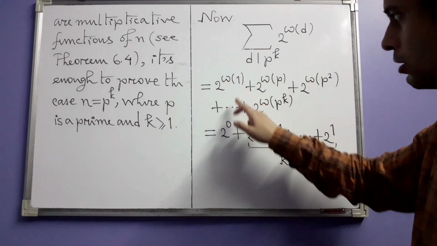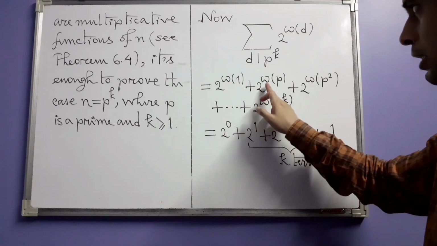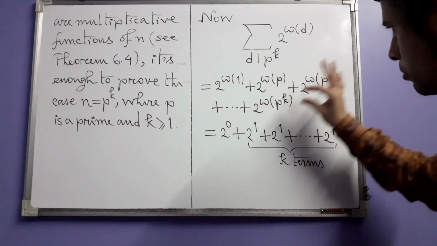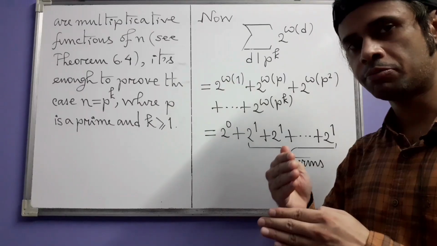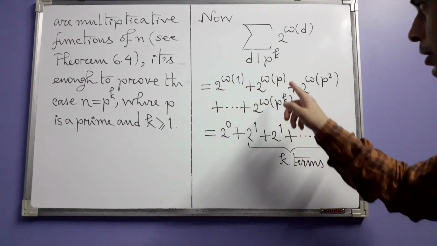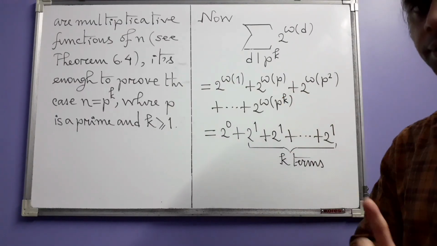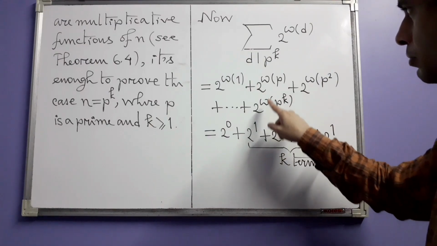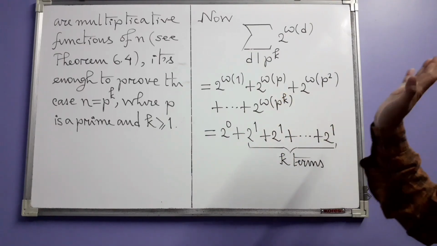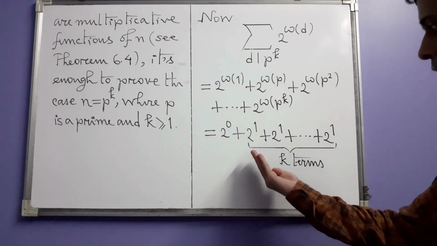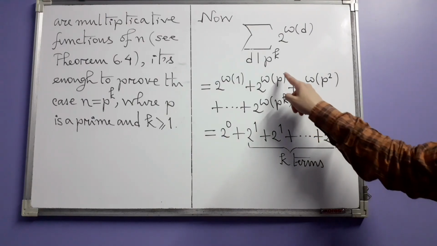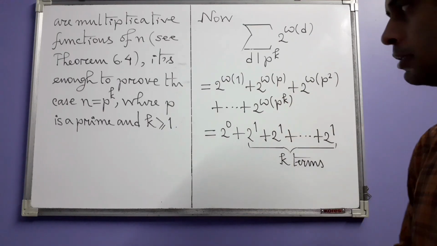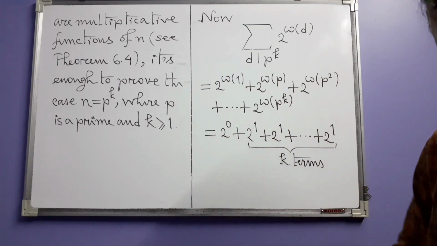Alright, now omega of 1 is 0. And what about the other omega values? These powers of p where the exponents are positive integers are divisible by only p, no other prime. So for each one of them the omega value is 1, and we have k such terms starting from omega of p and ending at omega of p to the power k, besides this first one that is also there.